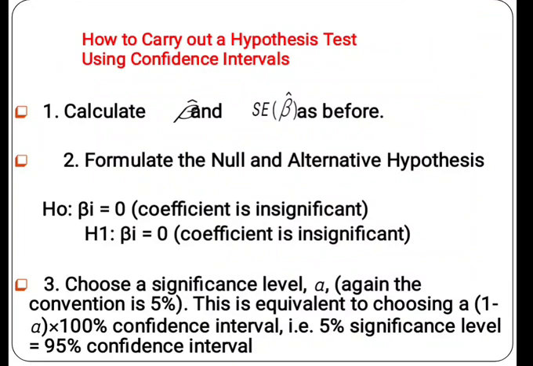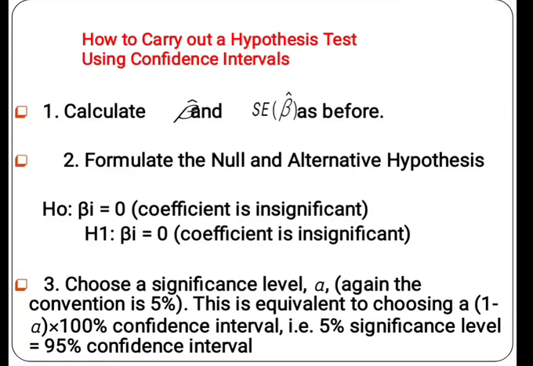As I stated in the last slide, we have calculated beta 1 cap or beta naught cap through the point estimators using ordinary least squares. So the first step in hypothesis testing through the confidence interval is to calculate beta 1 cap and its standard error.